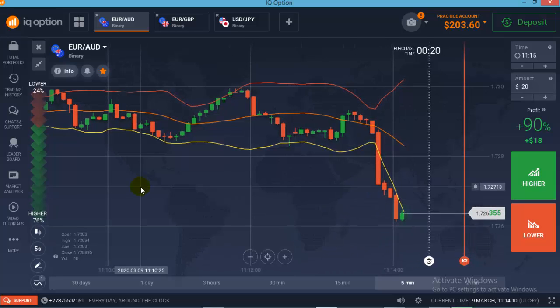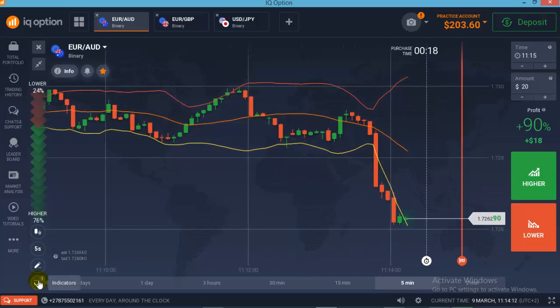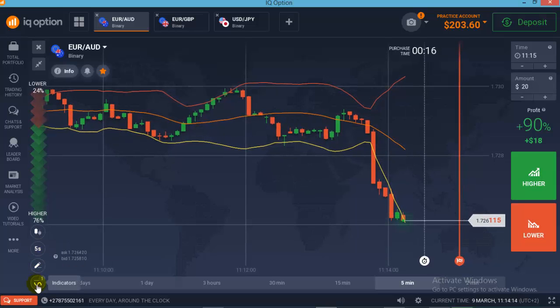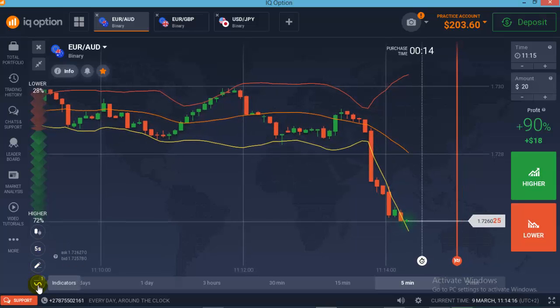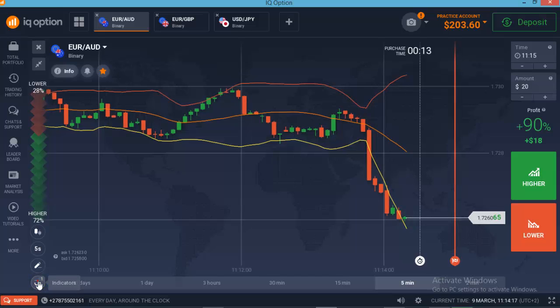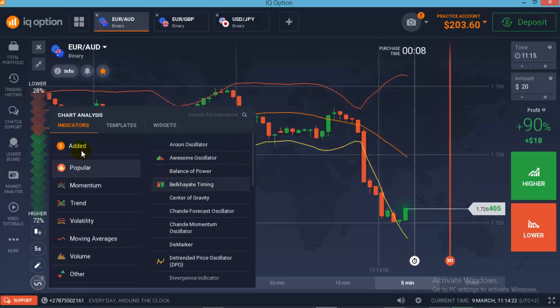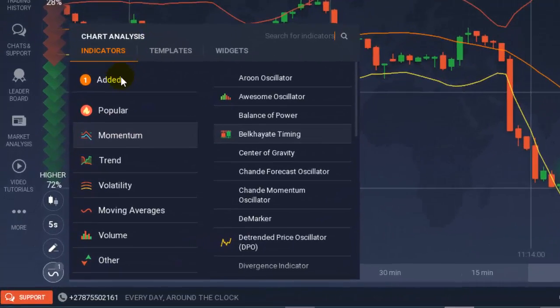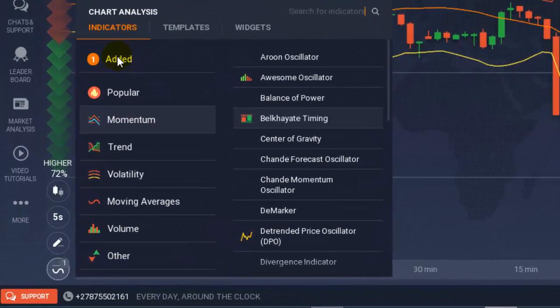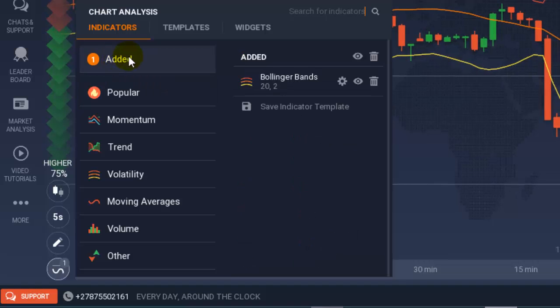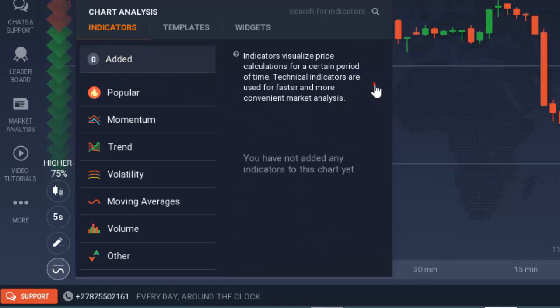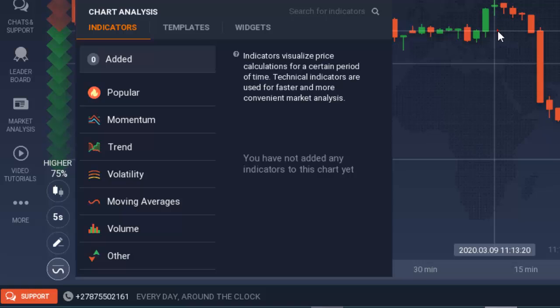So basically what happens is that when you come to your indicators, right, I think I'm just going to delete all the indicators that I have so that I can show you how to set it up from the start, right? So let me just see right here. We got Bollinger Bands right there. Right now what I have added here is the Bollinger Bands. You can use it with other indicators so that you make it simple, right?